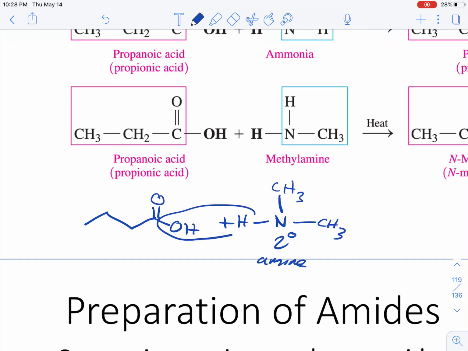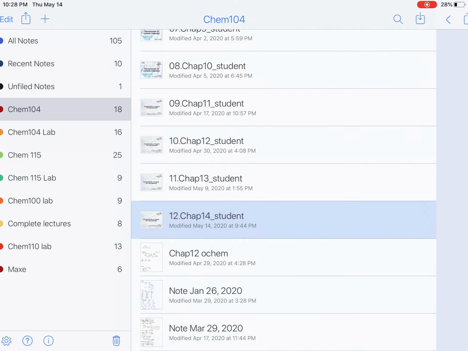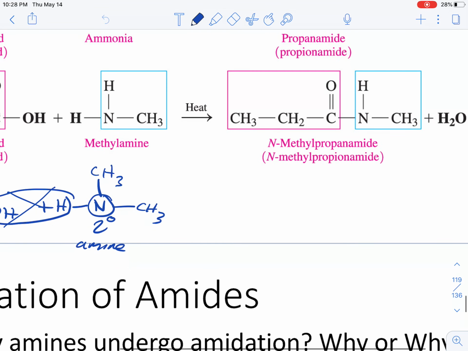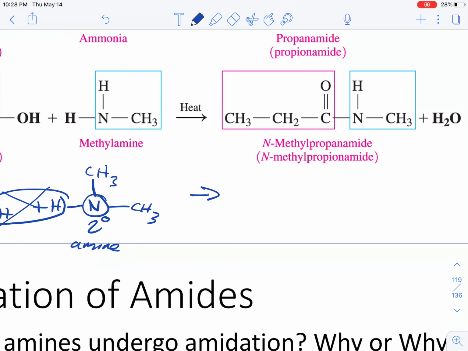When a dehydration reaction occurs, that's going to remove the water molecule, allowing the nitrogen to be covalently bonded to this carbonyl carbon. What you get is an amide with two methyl groups.